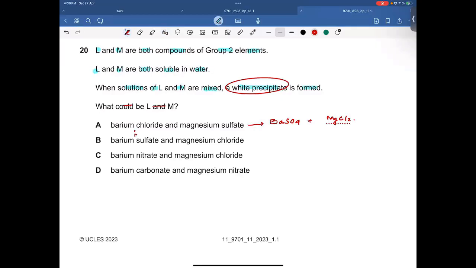Barium sulfate is insoluble. Examiner is saying soluble, which means this statement is incorrect.